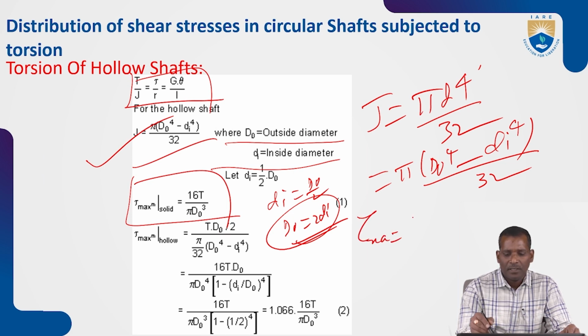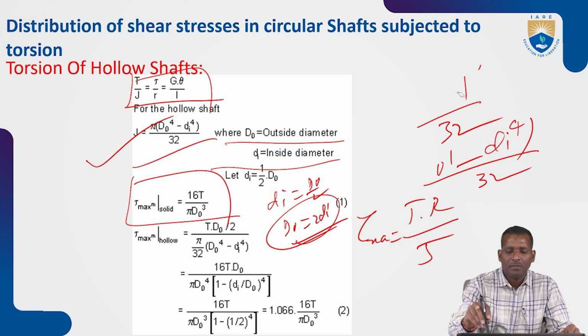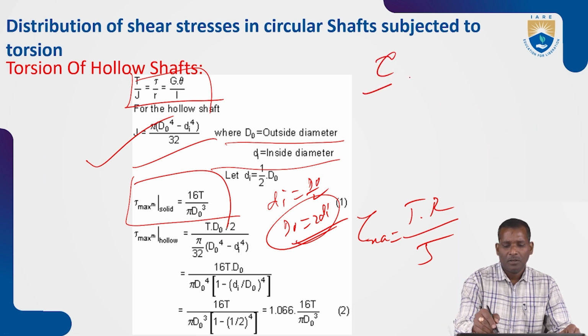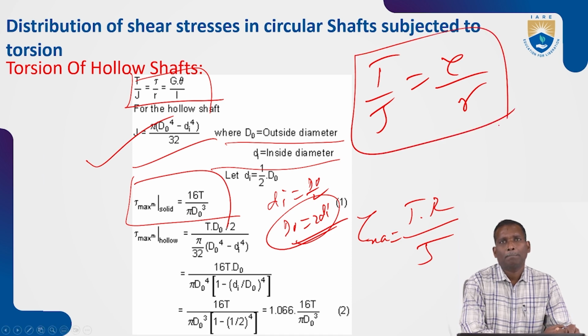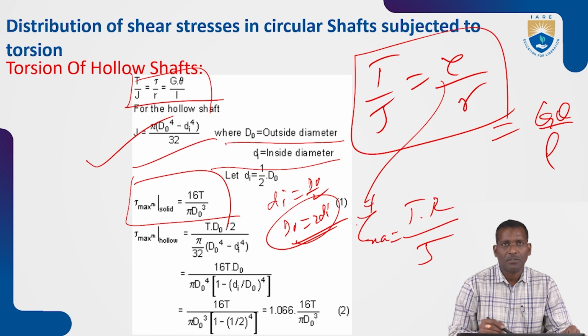Shear max is equal to T R by J. Why? Because we have already derived the equation T by J is equal to tau by R, is equal to G theta by L. So from this equation, shear max is equal to T R by J.